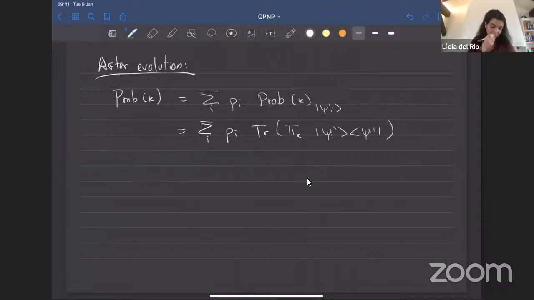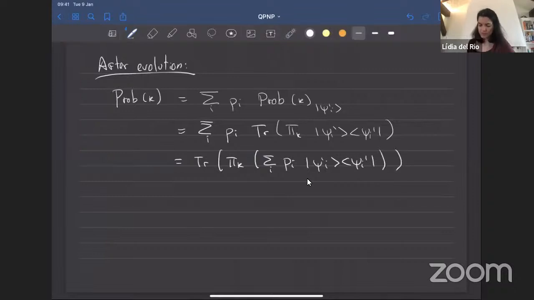And now, of course, because the trace is linear, we can put this probability inside. And because the pi k does not depend on anything, we just put it here. Now here it goes, psi i, p_i. Okay. This already looks like a density matrix. And now we just replace what these psi i's are. Sum over i, p_i, and now this was the unitary applied to my original state. And here's the same, but because it's the bra of the ket, I need to put the dagger.